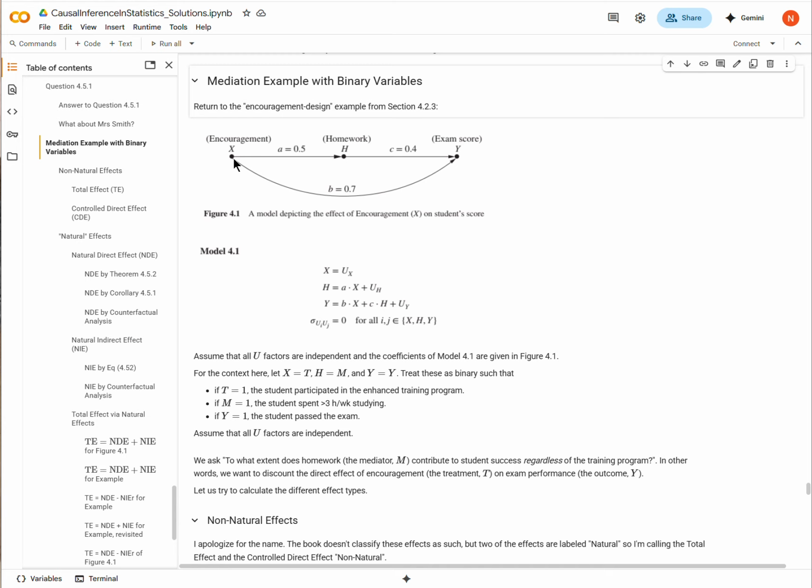We had some treatment X, otherwise called T, that affected the outcome Y. In the mediation example, it was exam score, via some mediator, M or H, in this case H, for homework. But now we're changing these terms, where X is either the sexual orientation or the gender of the applicant, Y is whether or not they were hired, and H, or the mediator M, is their qualifications. It's just this DAG with all of those things replaced.